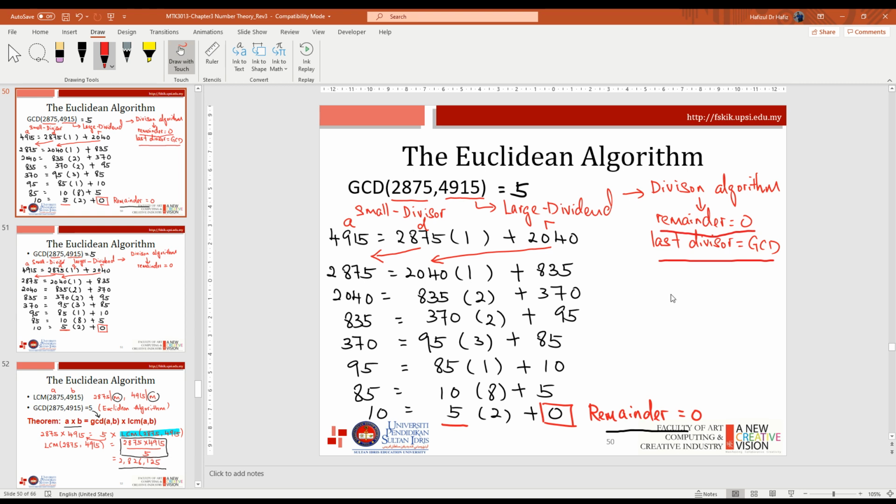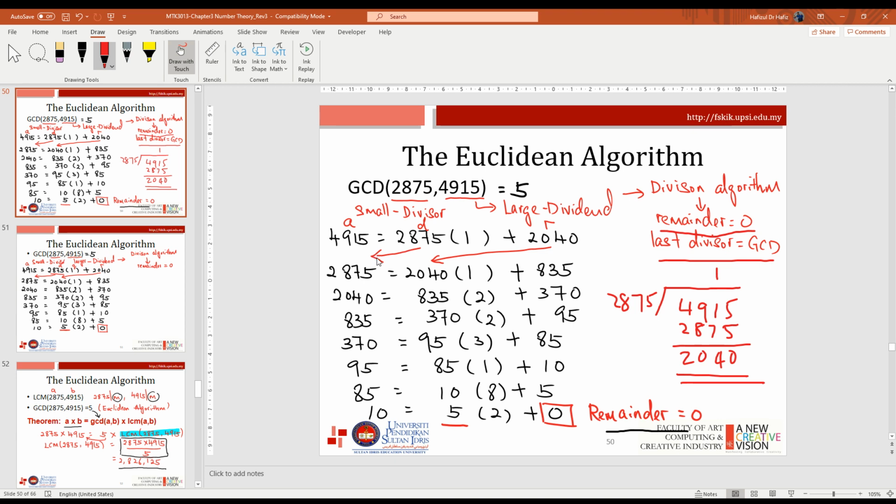We divide like this: 2875 divided by 4915. 1 is the remainder, and then here is the divisor.